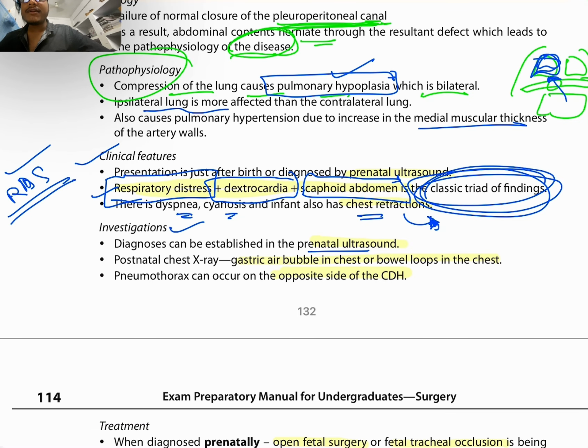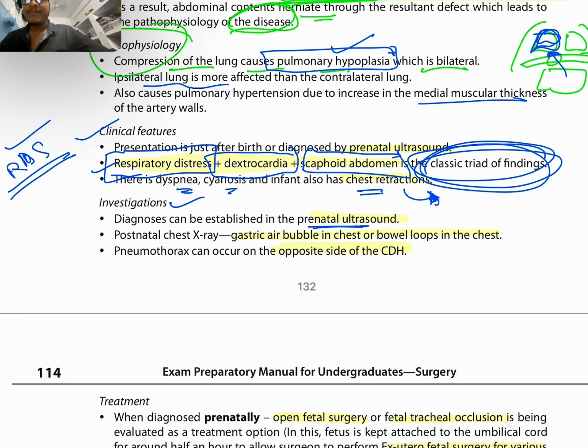Okay, so how will we investigate? For investigation we will go for prenatal USG, and that will show it. As we know, in the case of perforation, the gaseous part shows in the X-ray as a dark color. Here also the same will be seen when the intestine herniates through the diaphragm.